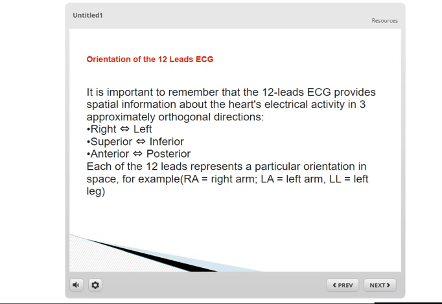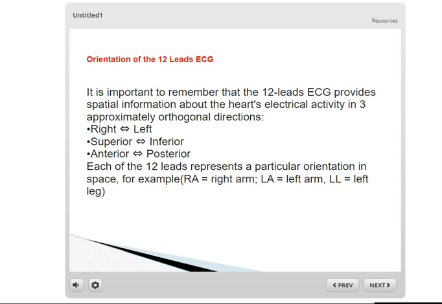The 12-lead ECG provides information about the heart's electrical activity in three approximately orthogonal directions: right-left, superior-inferior, anterior-posterior. Each of the 12 leads represents a particular orientation in this 3D space.